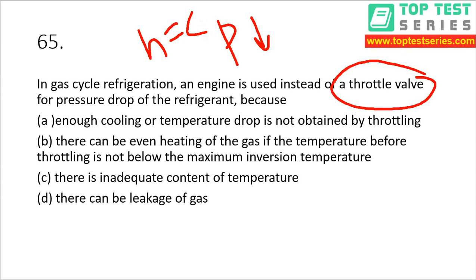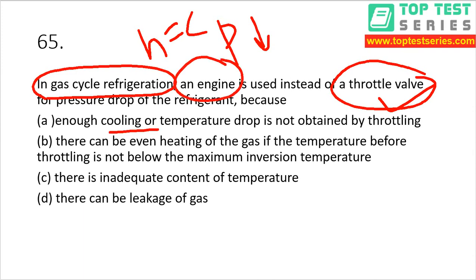In that case we can get a cooling effect in the evaporator. But in gas cycle refrigeration we cannot use a throttle valve because it cannot give that much cooling effect. That is why we use an engine, because enough cooling or temperature drop is not obtained by throttling.